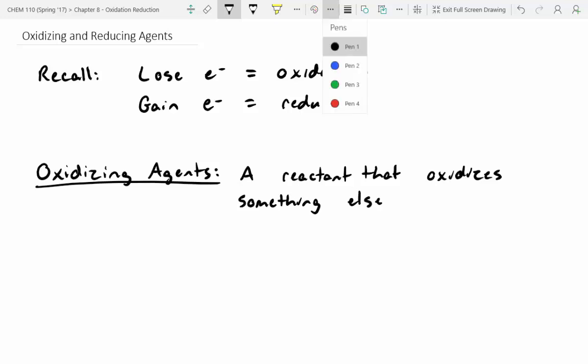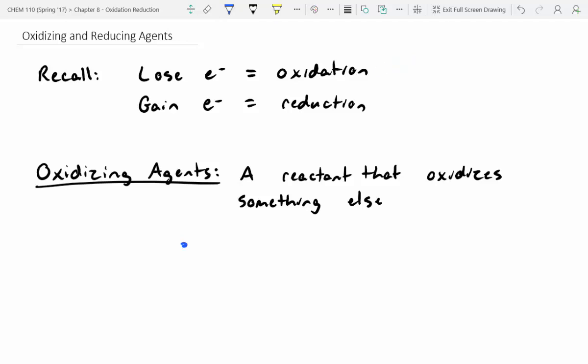All right, now here's where it gets a little bit tricky. So if it's oxidizing something else, that means that the thing being oxidized is losing electrons. That means the oxidizing agent is actually taking electrons in this process. Does that make sense? So in order to help something become oxidized, it must take the electrons from that thing being oxidized. Because we just said anytime something's being oxidized, it must lose electrons.